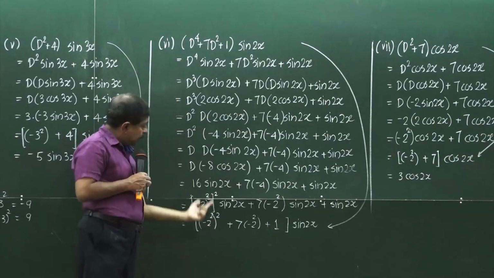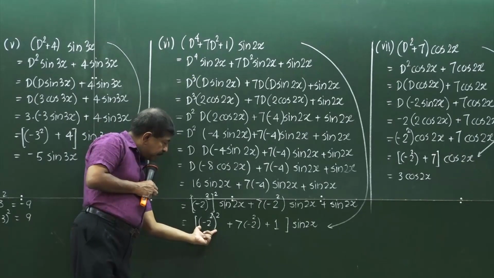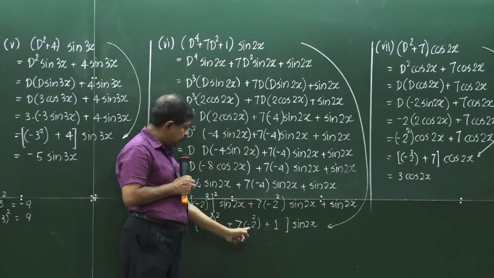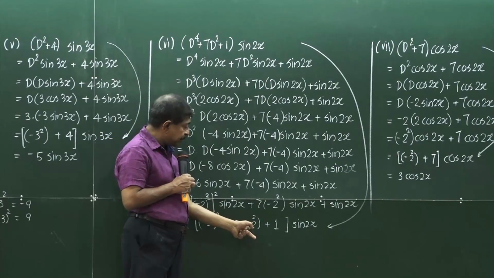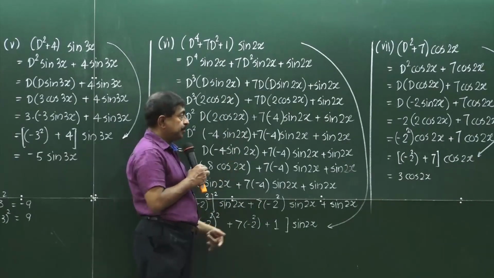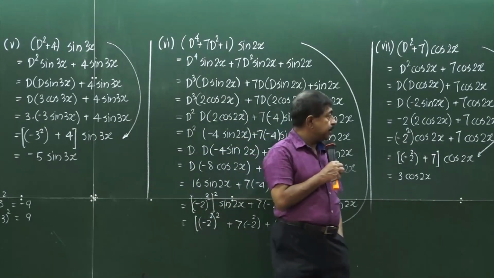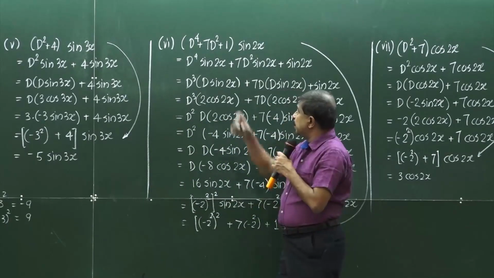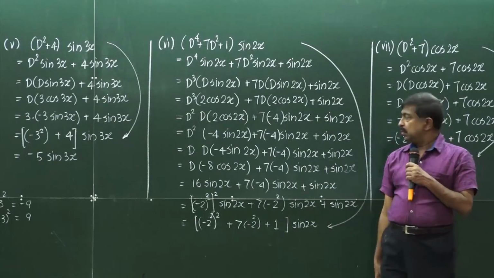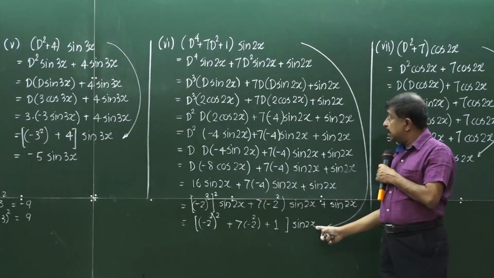So when you plug in this guy for D squared, D to the power 4 will be this one. Here 7 times, look, for D squared, this is what you substitute. Here you keep it as it is. So again the same thing we went through earlier. D squared should be replaced by minus b squared. You can straight away jump from here to here.